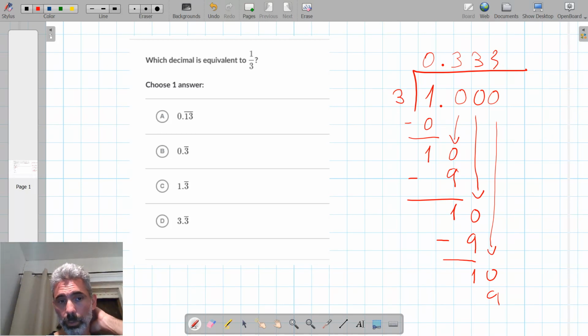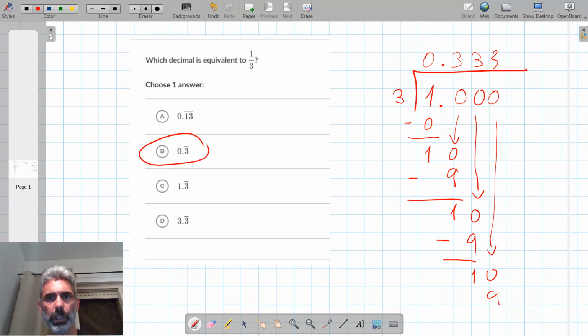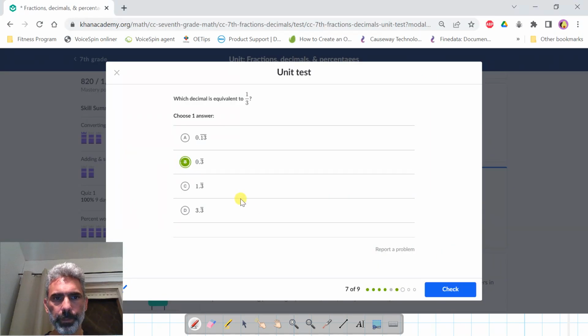Okay, so it repeats after the first decimal point to the right, so the dash above the 3 remains. It means that we repeat this number indefinitely, so B is the correct answer.